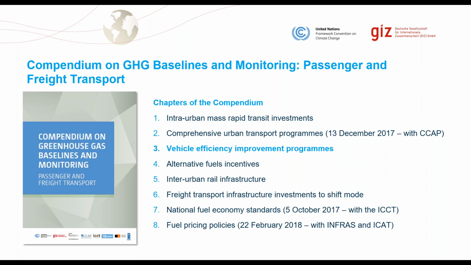And the idea of the compendium actually came up already quite a few years ago when we still had a lot of discussion on NAMAs, so-called nationally appropriate mitigation actions.